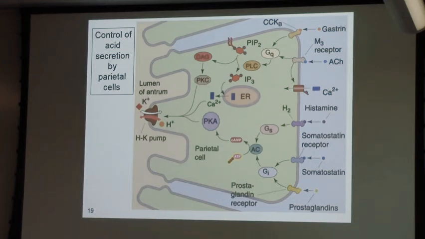GQ alpha, as you well know, activates phospholipase C. Phospholipase C cuts PIP2 into IP3 and diacylglycerol. You're expert on this.